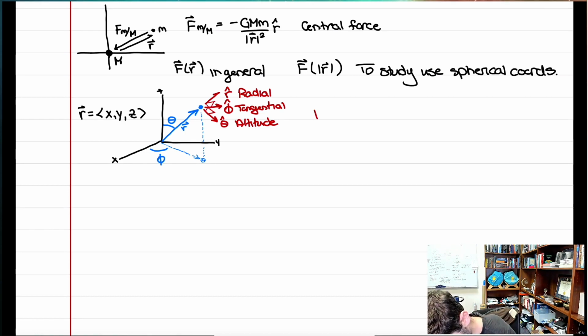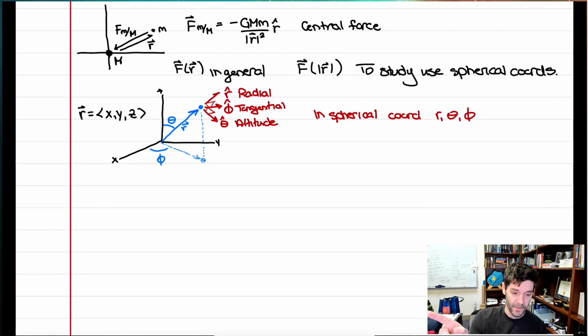So in spherical coordinates, your variables are r, theta, and phi. How far away are you from the origin? And then the two angles: the angle you make relative to the z-axis, and then, projected into the 2D plane, the angle you're making relative to the x-axis.